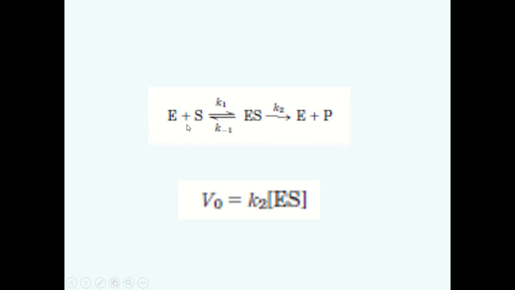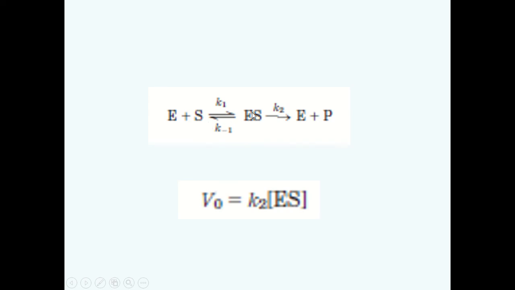Michaelis-Menten equation. This is an equation representing the chemical reaction taking place, that enzyme binds to the substrate and forms the enzyme substrate complex. The enzyme substrate complex, this part is a reversible reaction. The reaction can proceed both in the forward direction as well as in the backward direction.